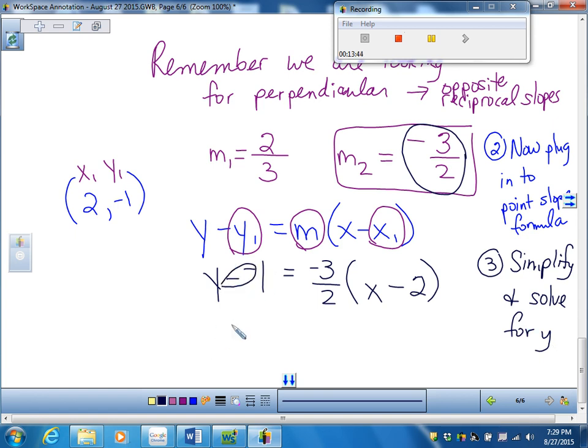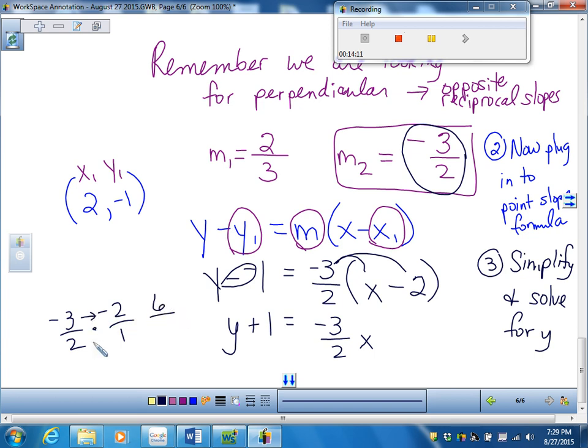So simplifying, get a double negative, that makes y plus 1 equals, distribute, negative 3/2 times x, negative 3/2 times a negative 2. So we get negative 3/2 x, negative 3/2 times 2, negative 2, over 1. We get positive 6, multiplying straight across, over 2, which simplifies to 3.